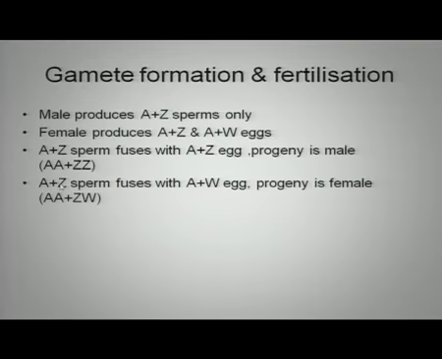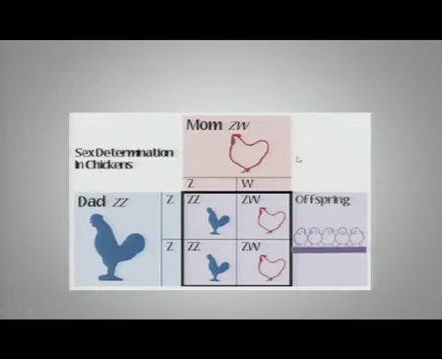In the second case, A plus Z sperm fuses with A plus W egg, and the progeny is female, represented as AA plus ZW. It is seen in fowls, chickens.